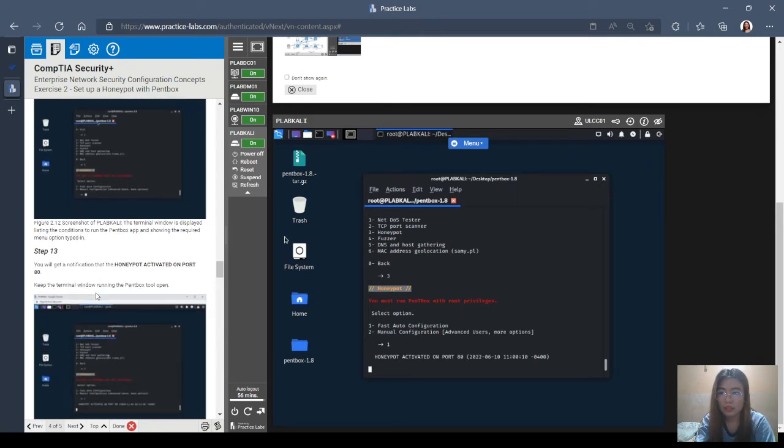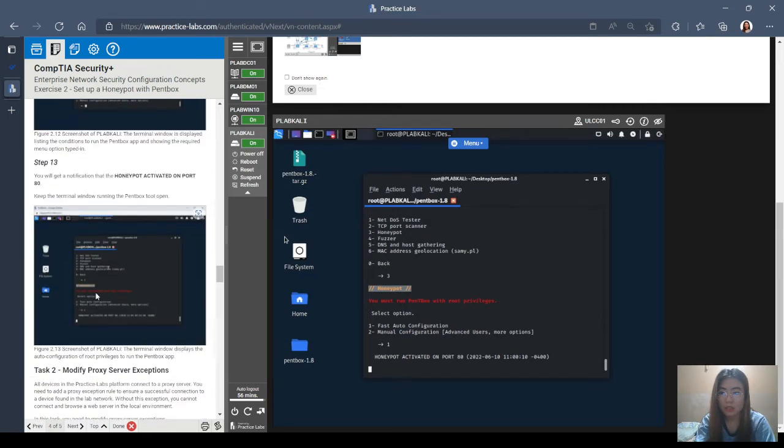You will get a notification that the honeypot is activated on port 80. Keep the terminal window running. The PentBox tool is open.